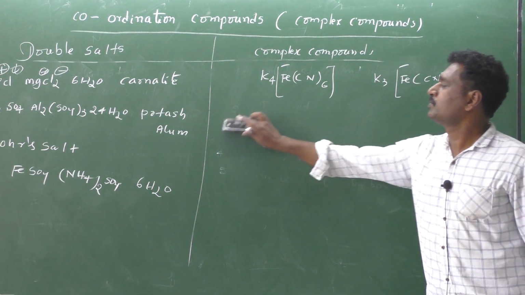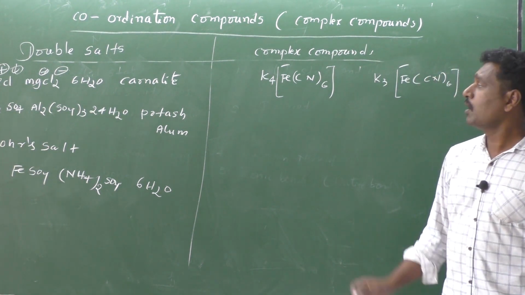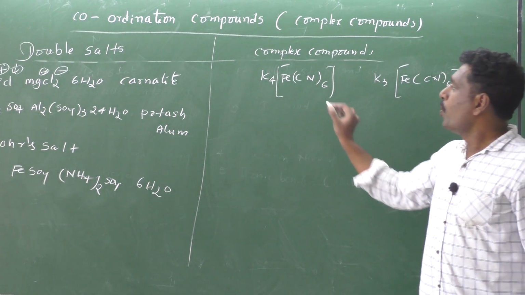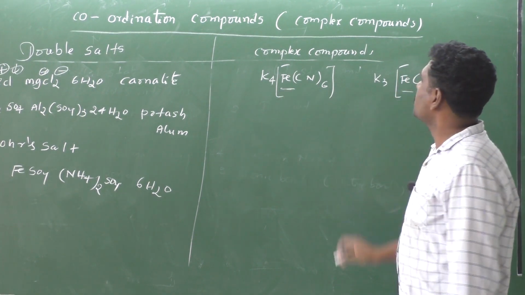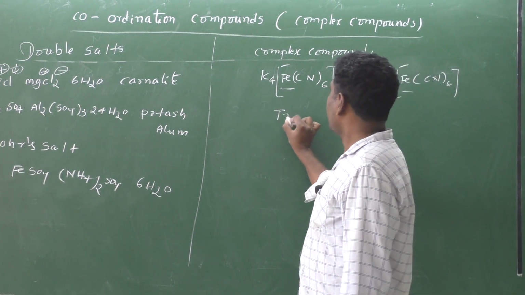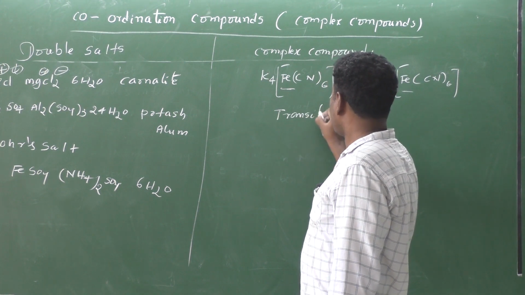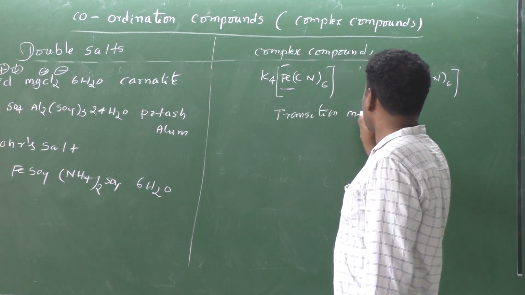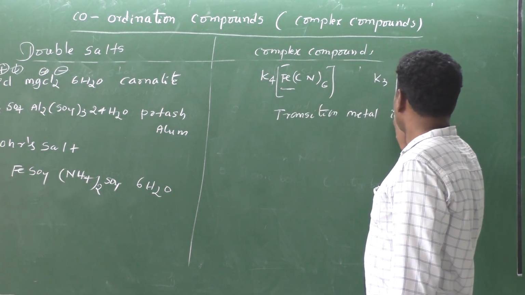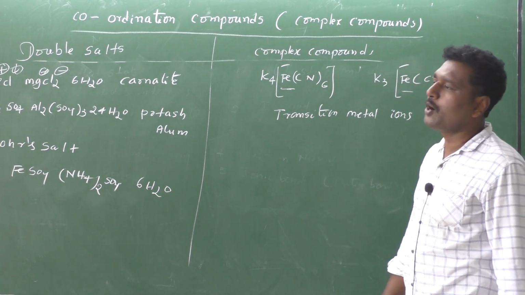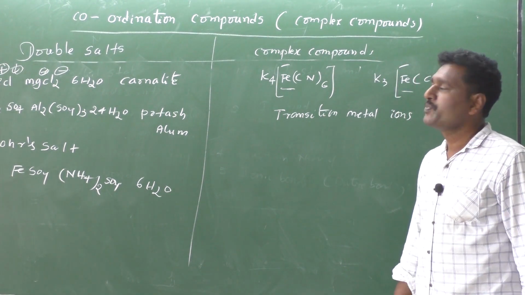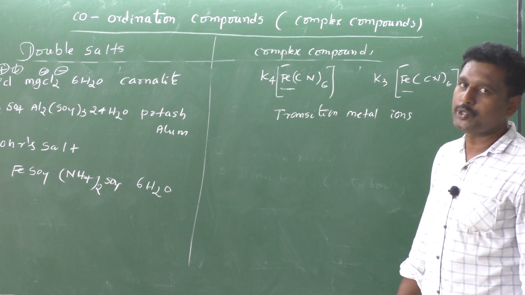After that, only d block elements and transition metal ions can form complex compounds. Why?